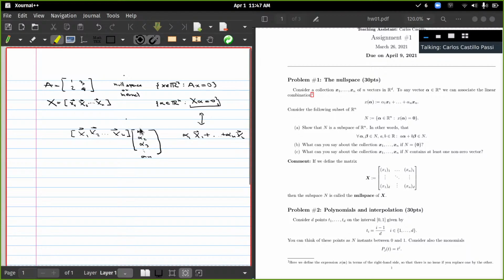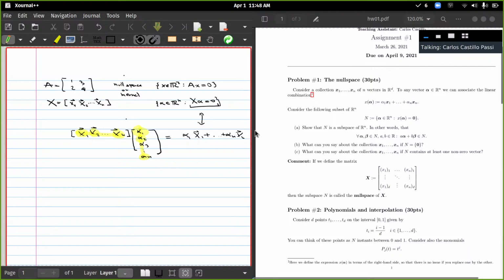Why? Because you will multiply all this by this. The alpha 1 will be multiplied with this x1, the alpha 2 will be multiplied by x2, and so on until xn and alpha n, basically resulting in this summation. Like that.